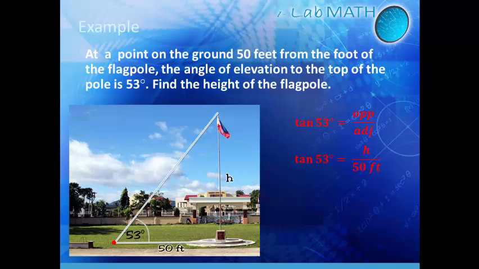Tangent 53 degrees equals height over 50 feet. Height then equals 50 times tangent 53 degrees. The height of the pole is approximately 66.35 feet.